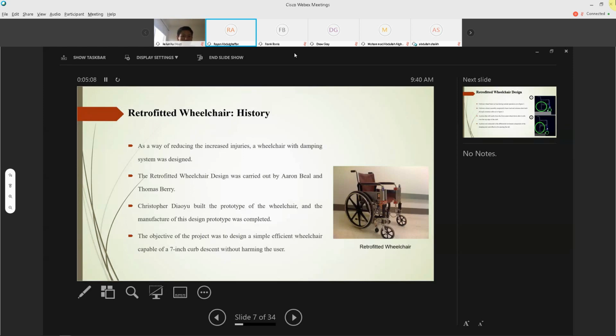It was carried out by Aaron Belt and Thompson, and the prototype and design were completed and built by Christopher. The objective of the project was to design a simple, efficient wheelchair capable of going off the curb without harming the person. The retrofitted wheelchair is shown in the pictures.